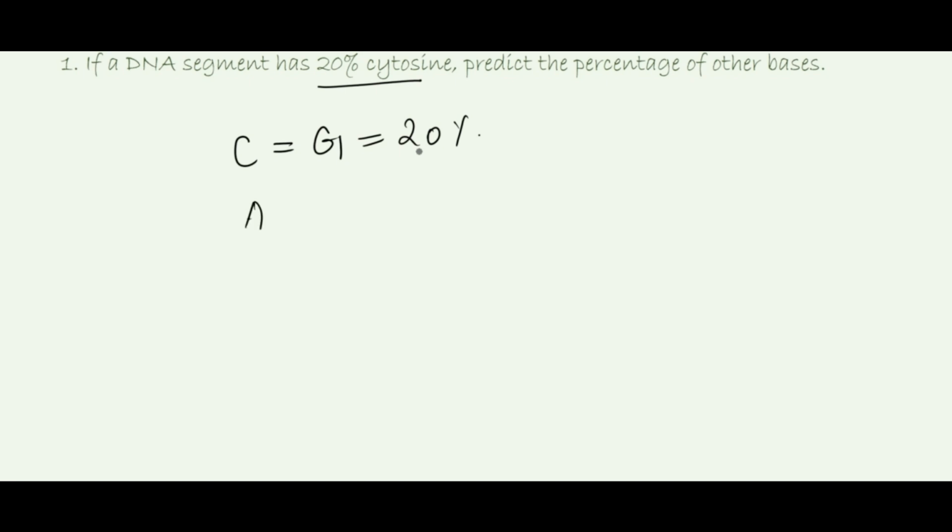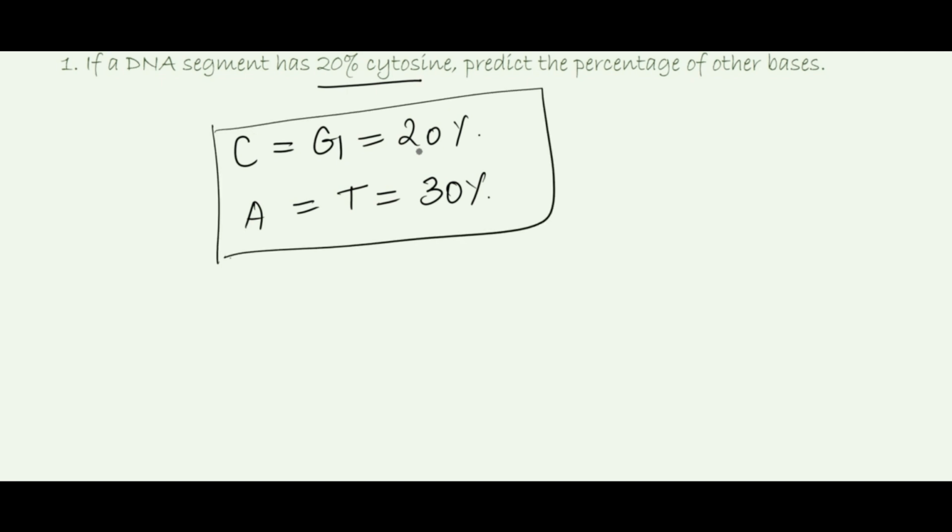That will be A equal to T, 30. So 30 A and 30 T, total 60. Okay, that is the answer to this question. The total became 100%. Okay. So separately also they will ask you the questions.